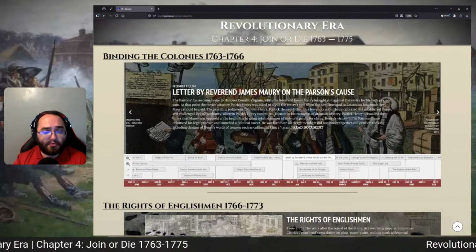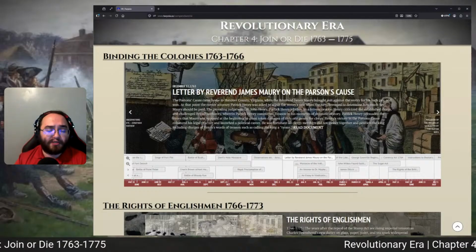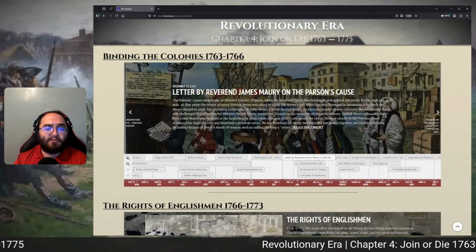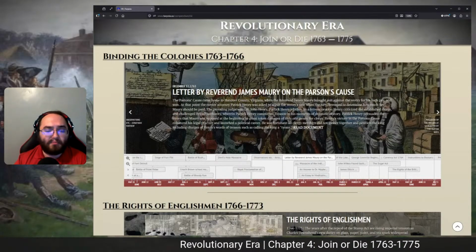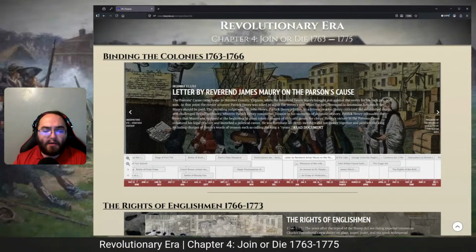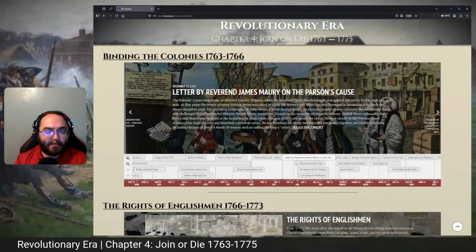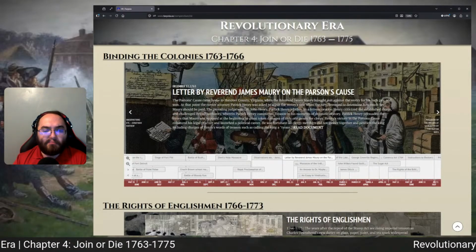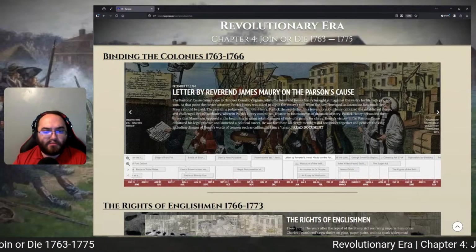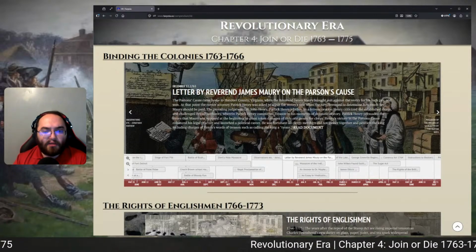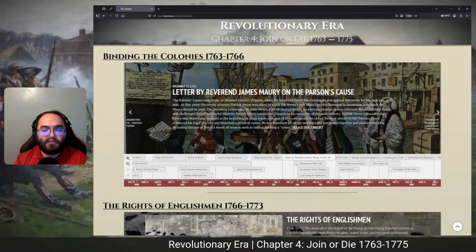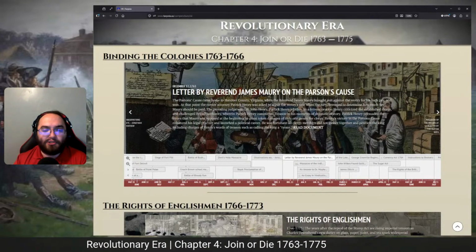And so the House of Burgesses of Virginia wanted to fix the salaries at 2 pence a pound or something like that of tobacco. That's why it's called the Two Penny Act. And many Anglican reverends complained about this. And so this is Reverend James Murray.